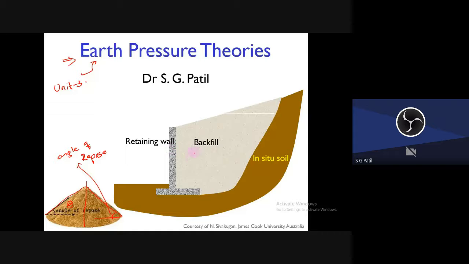For example, this is the backfill, this is the soil. You have to retain this soil at almost 90 degrees, which is not possible on its own. Soil alone cannot maintain a 90 degree slope.